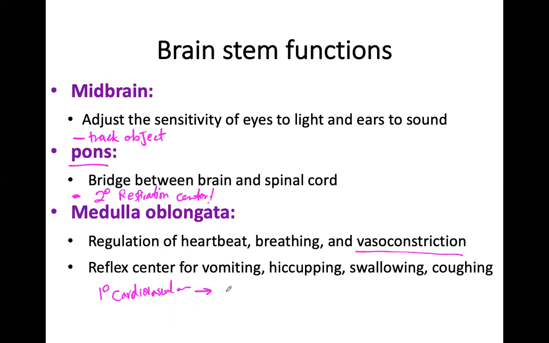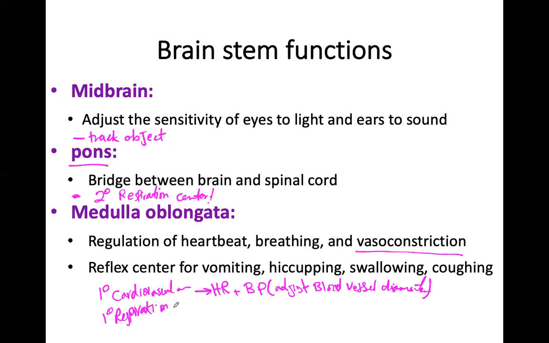Cardiovascular, again, it controls your heart rate, and it controls your blood pressure by adjusting blood vessel diameter, like vasoconstriction, vasodilation.